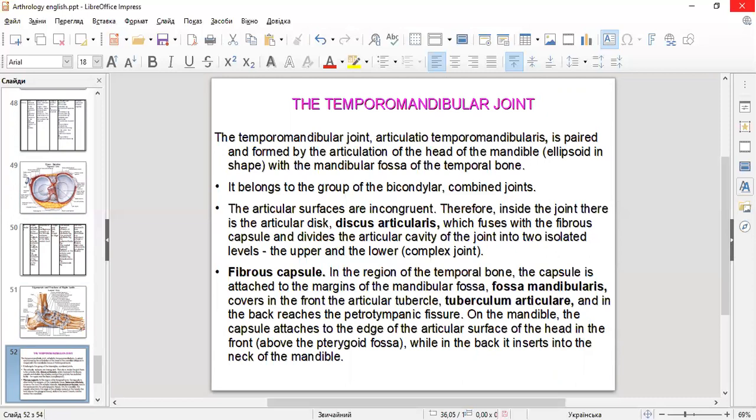Again, information about the temporomandibular joint. The temporomandibular joint, articulatio temporomandibularis, is paired and formed by the articulation of the head of the mandible with the mandibular fossa of the temporal bone. It belongs to the group of bicondylar combinate joints.